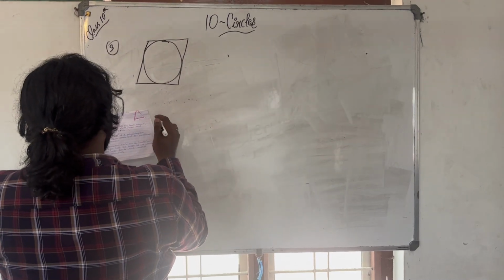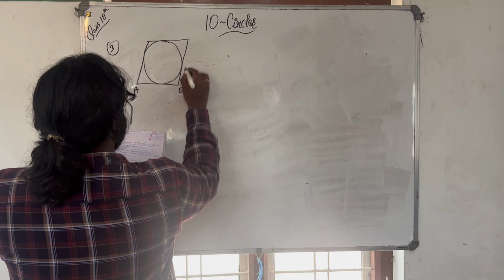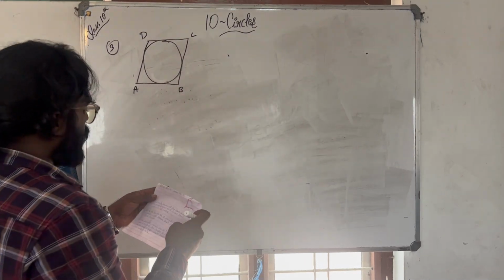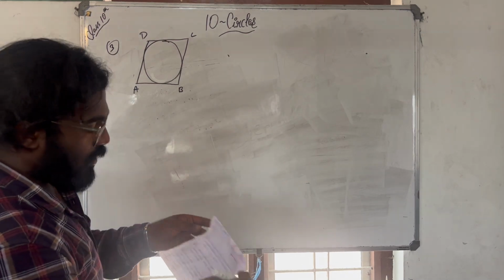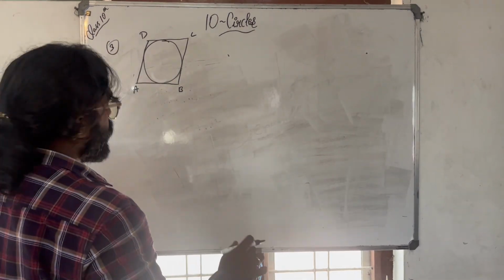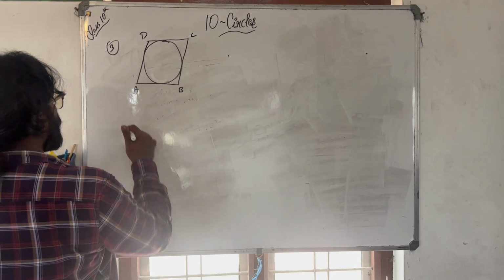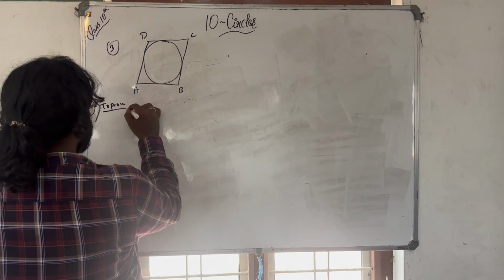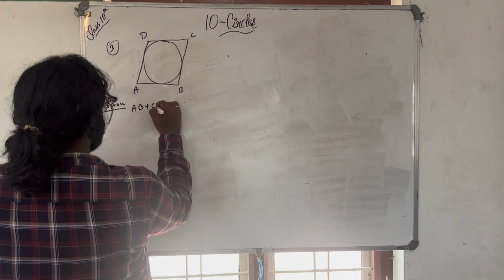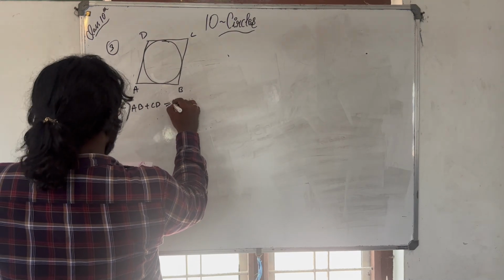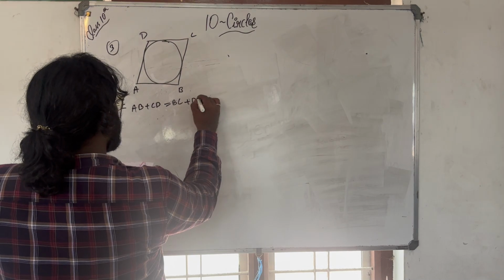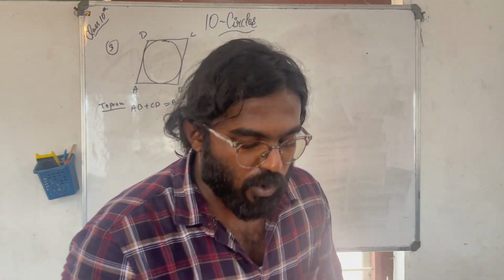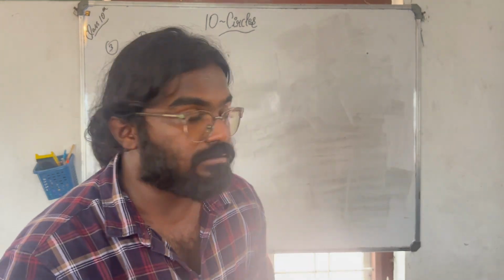We'll name that as A, B, C, D. To prove AB plus CD is equal to BC plus DA. Again, I repeat, if a circle touches all the four sides of a quadrilateral ABCD, prove that this thing.